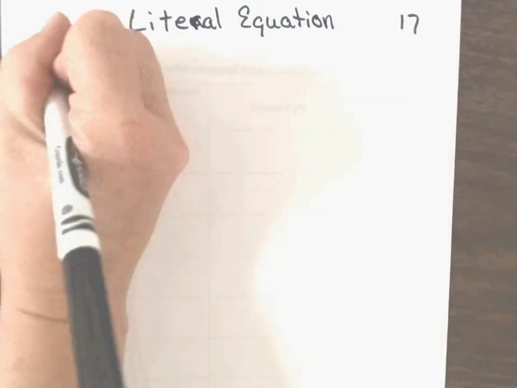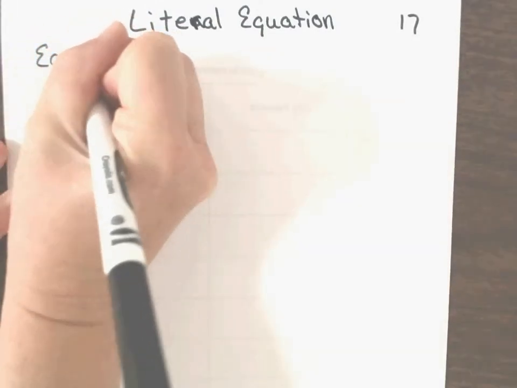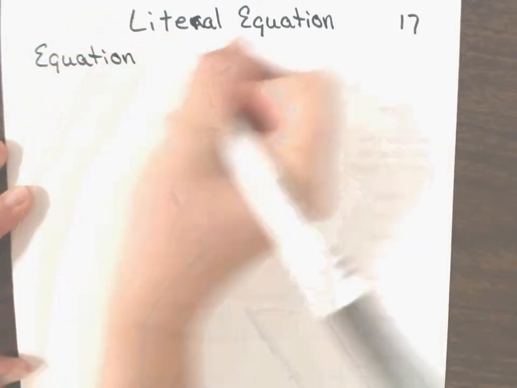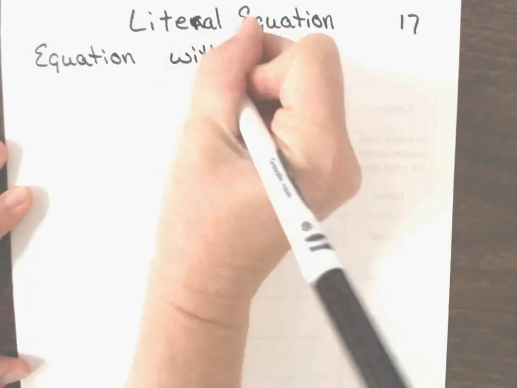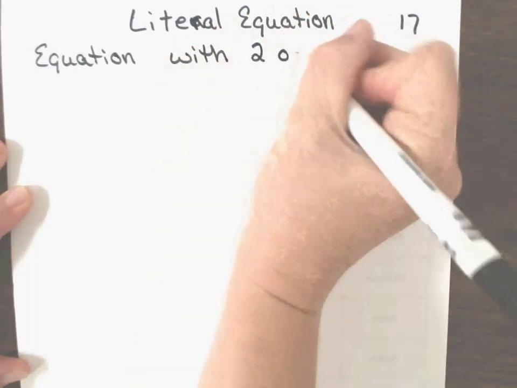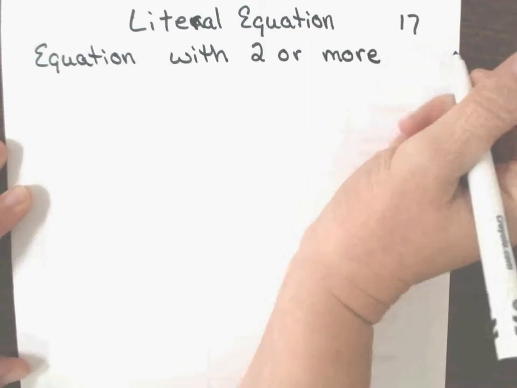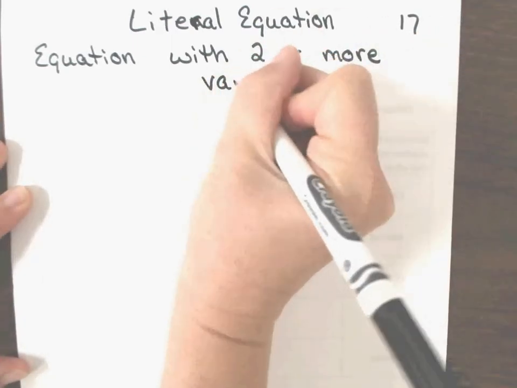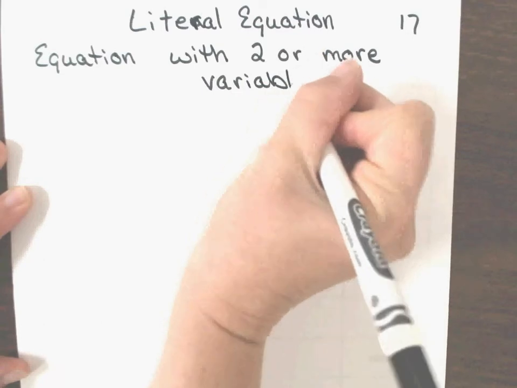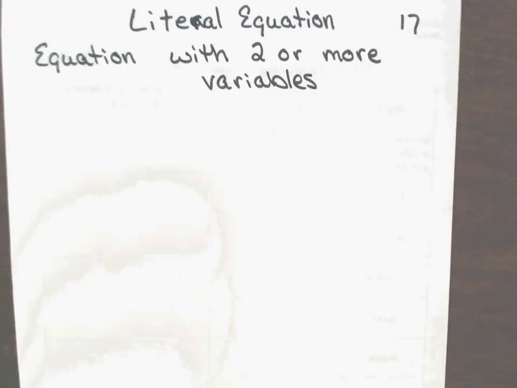So a literal equation is an equation with two or more variables.